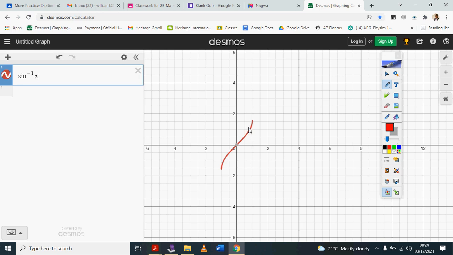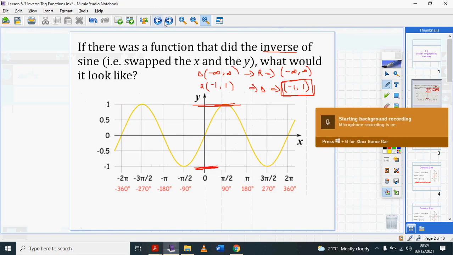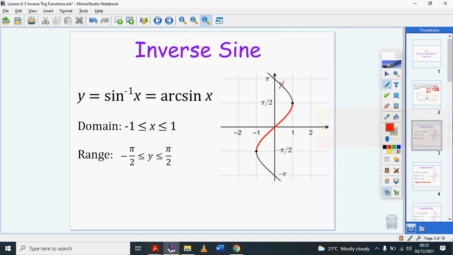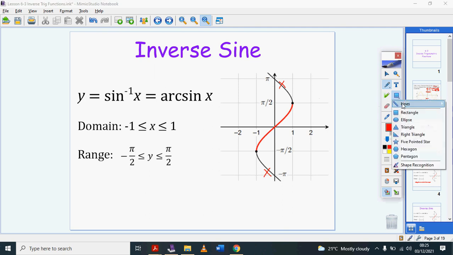So what's happening is this function was just kind of flipped around, because the inverse does the opposite of what the original function does. So this is what the inverse does look like. This extension that you see going up here does not exist on the inverse function, because if it did, the inverse function would not be a 1-to-1 function.